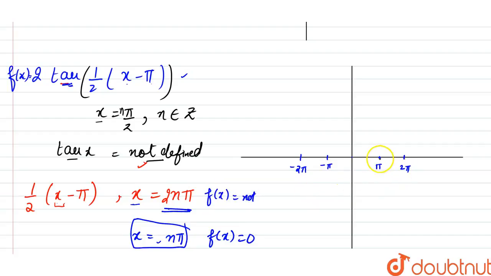So if the function here is 0, that means the function is passing through this point, and the y asymptote is lying at 2 pi and at 0, because 0 can be written as 0 into pi also. So the graph would look like this one.